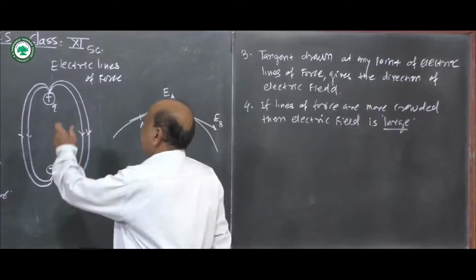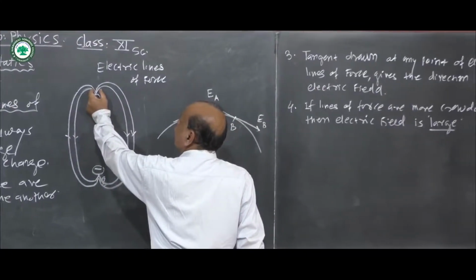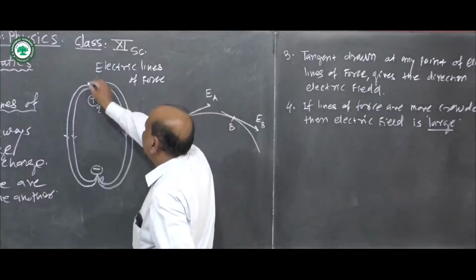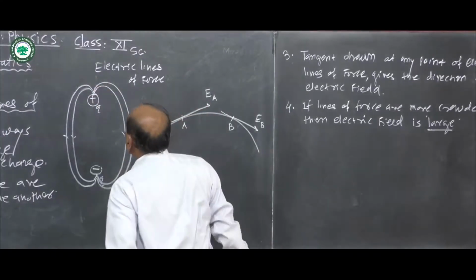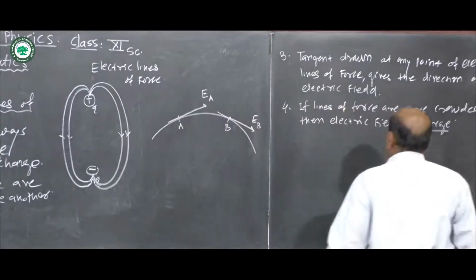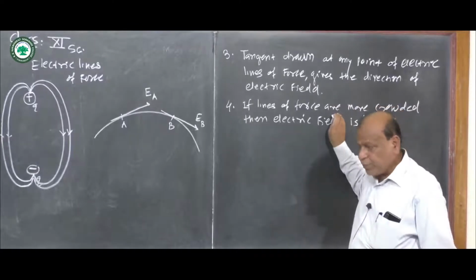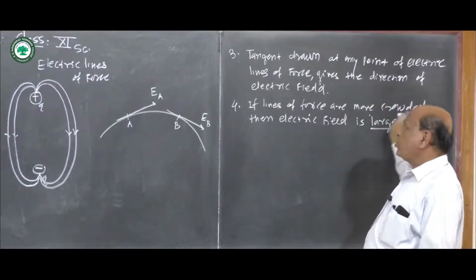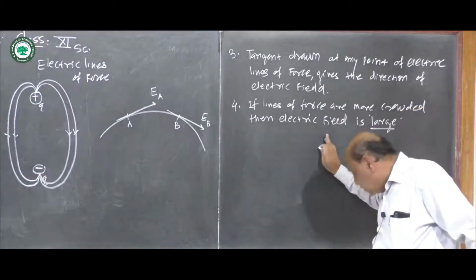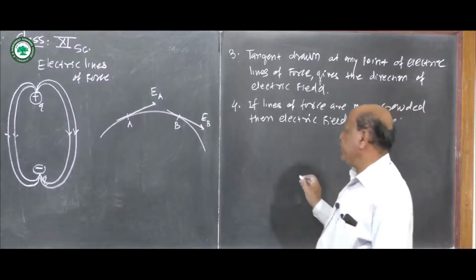Means here the lines of force are very close or more crowded. Now here the field at the pole is large. If lines of force are more crowded, then the electric field is large here.